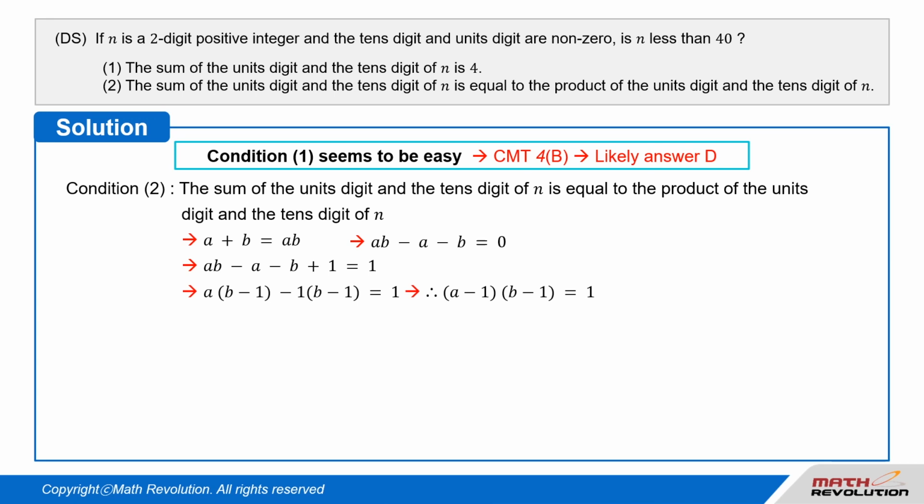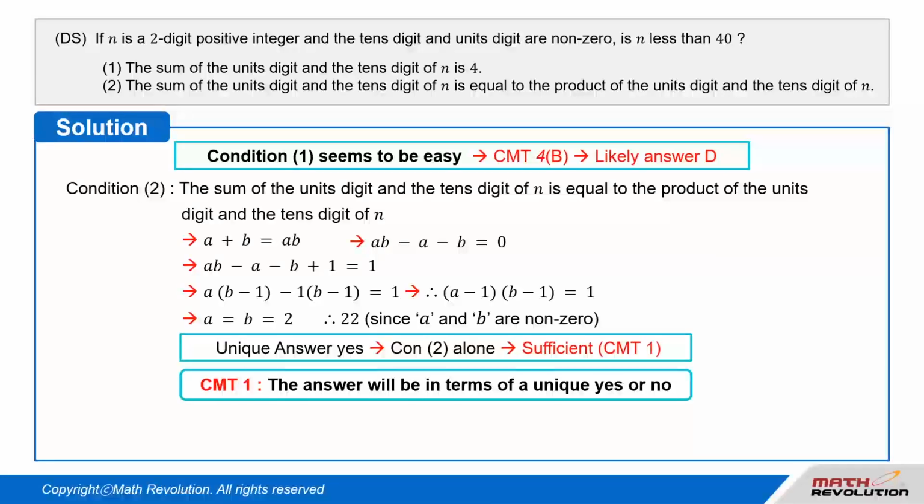Factoring a out of the first two terms and negative 1 out of the second two terms, we get a times (b minus 1) minus 1 times (b minus 1) equals 1, or (a minus 1) times (b minus 1) equals 1. This is possible only when both a and b are 0, or when both a and b are 2. The only possibility is 22, and since the answer is unique, the condition is sufficient according to CMT1, which means that the answer will be in terms of a unique yes or no.